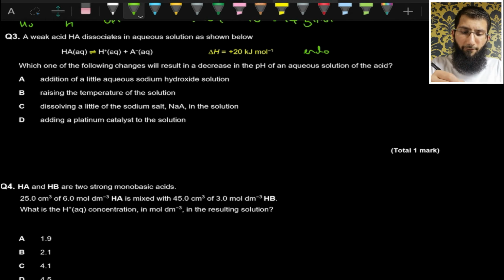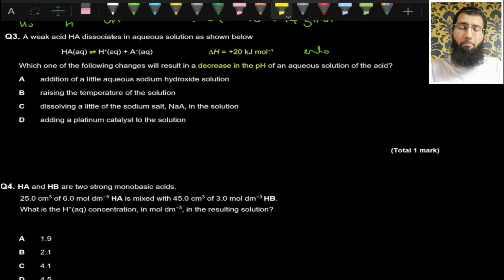Okay, so which one of the following changes will result in a decrease in the pH of an aqueous solution of the acid? Okay, so if we're asked about a decrease in pH, that means we want something to be more acidic. Acidity is ultimately a measure of how many H plus ions we have in solution.